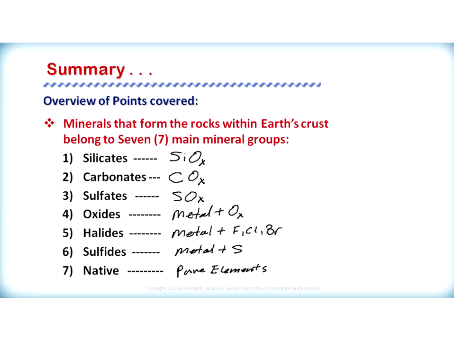Sulfides would have a metal followed by sulfur, and your native elements would have pure elements. Some of the examples include gold, carbon, which is diamond, copper, sulfur, and silver.